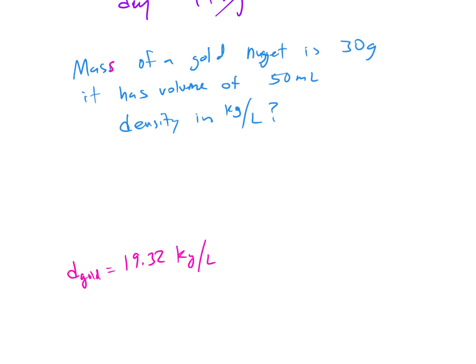So we know we have this, right? And we're looking for kilograms per liter. Now, these are the same, right? You know that. It's going to work. So that goes on top, 30 grams over 50 milliliters goes on the bottom, because this is mass over volume, right?